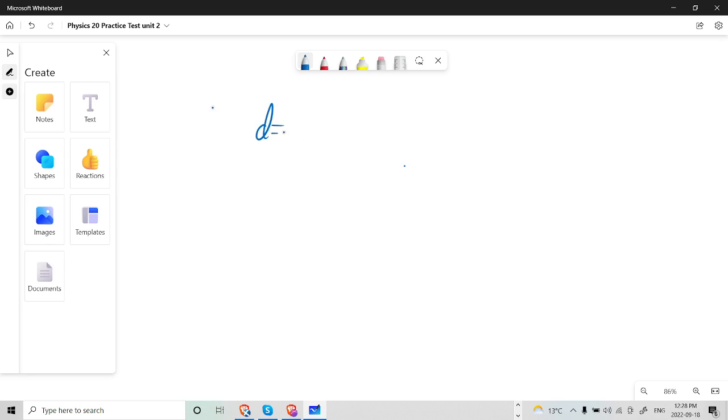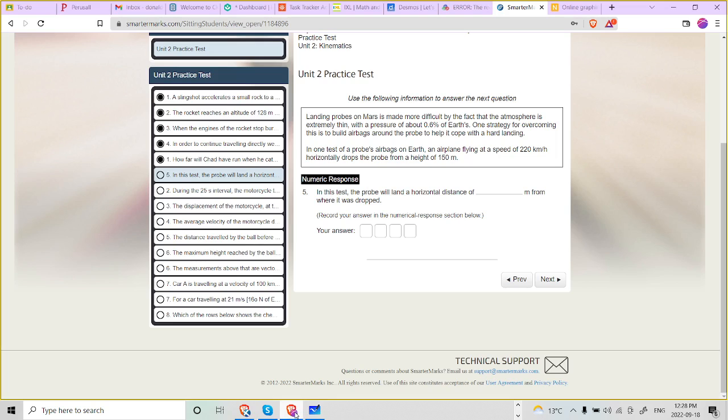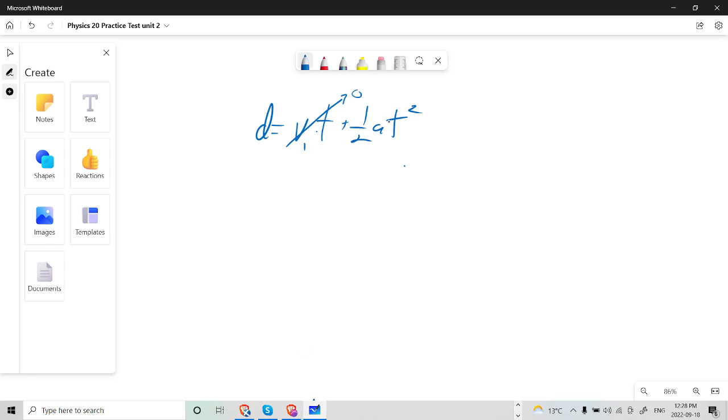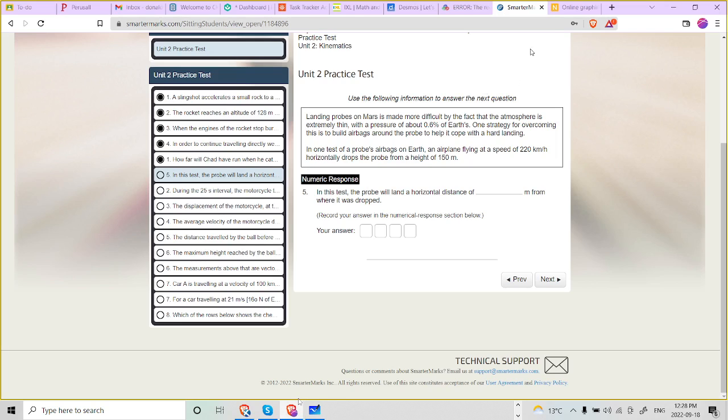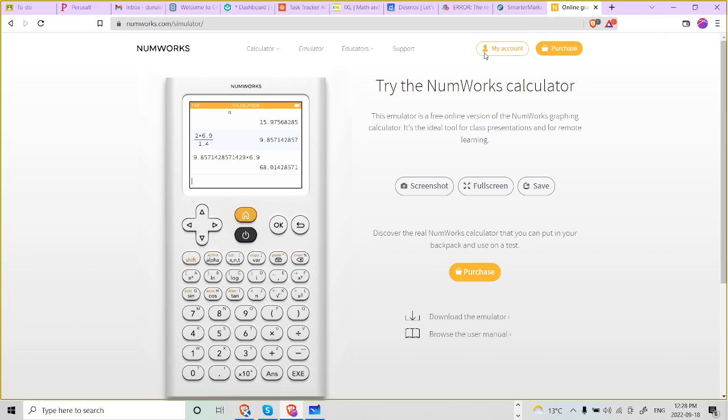So we have d is v_i t plus 1/2 a t squared. That v_i is 0. And let me come back here. All right, and the test of the airbags on Earth. So we don't need to worry about the acceleration on Mars. So 2d over a, and the square root of that is our time. So we have the square root of 2 times 150.